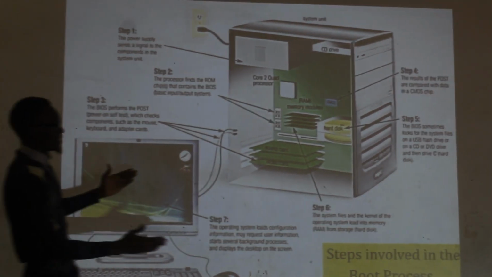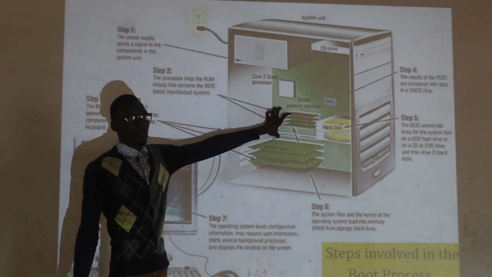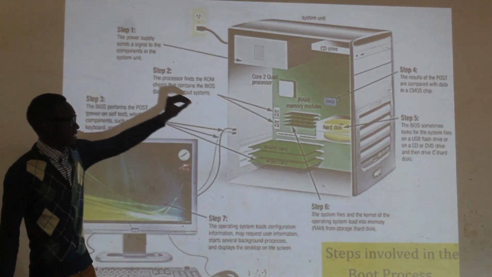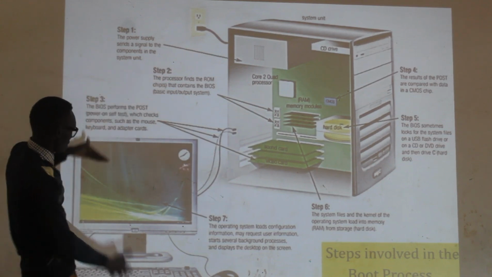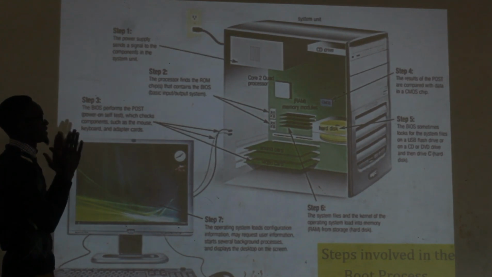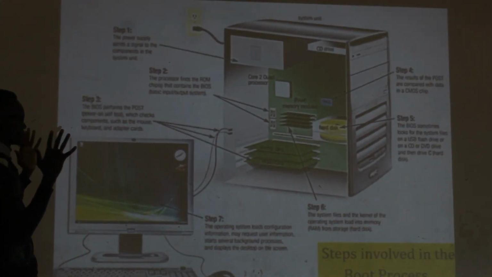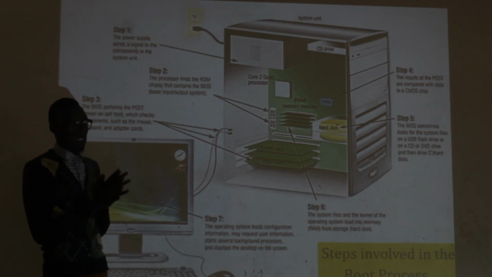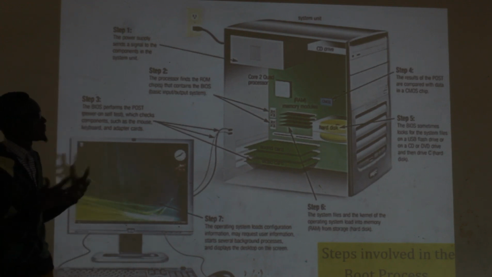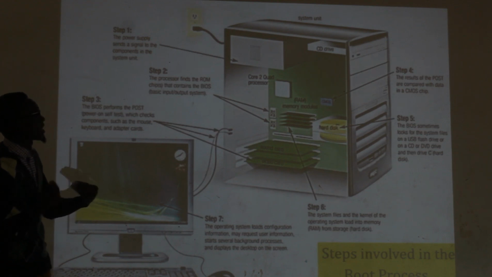This is the system unit of a computer, and then the internal components, and we also have the computer's monitor, and the keyboard there. This is just a picture of a normal working computer. Now we say that computers need power for them to work.